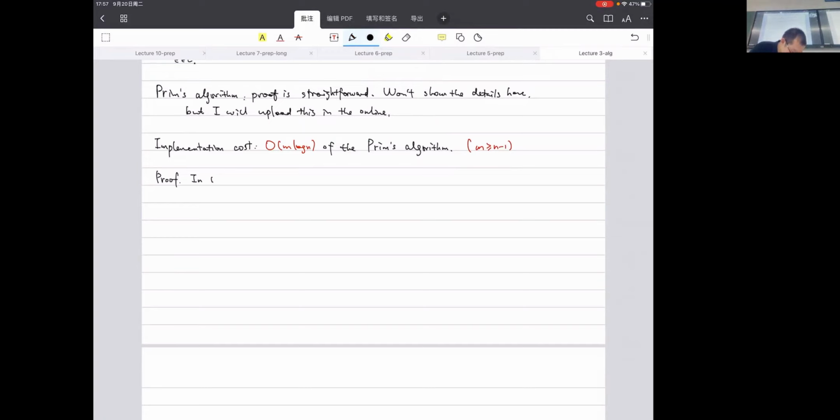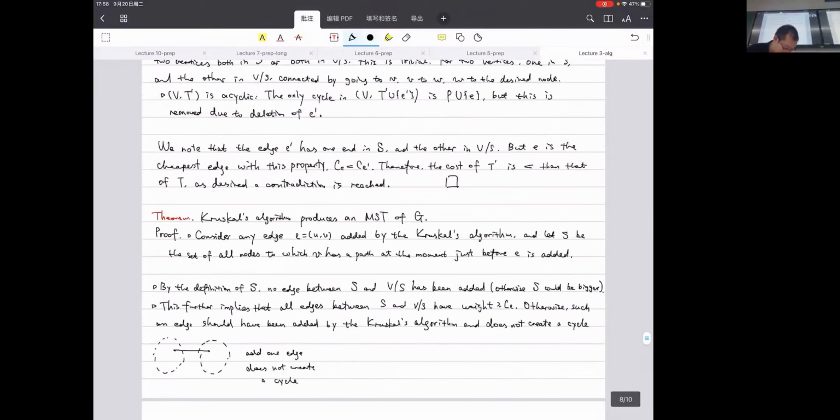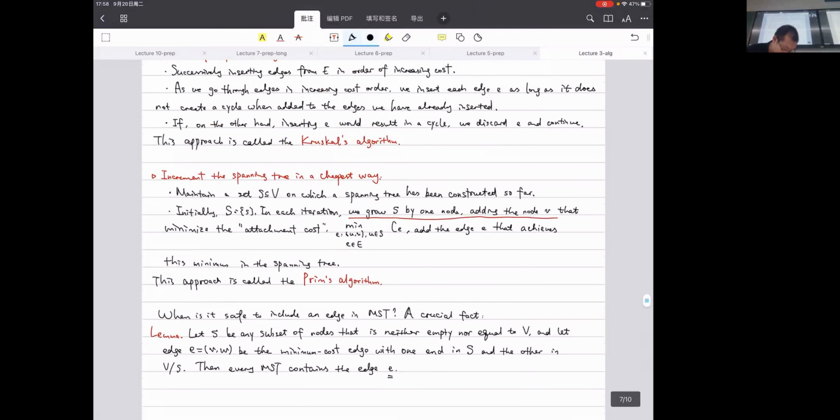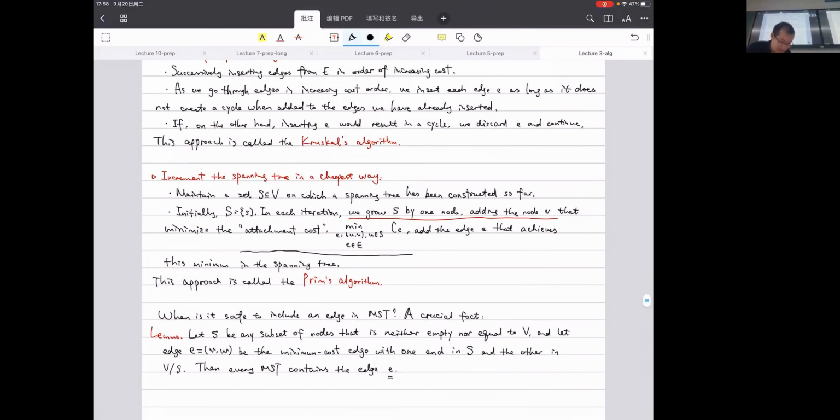In the algorithm, we need to be able to decide which node V to add next to the growing set S. According to the definition of Prim's algorithm, we need to maintain this attachment cost.